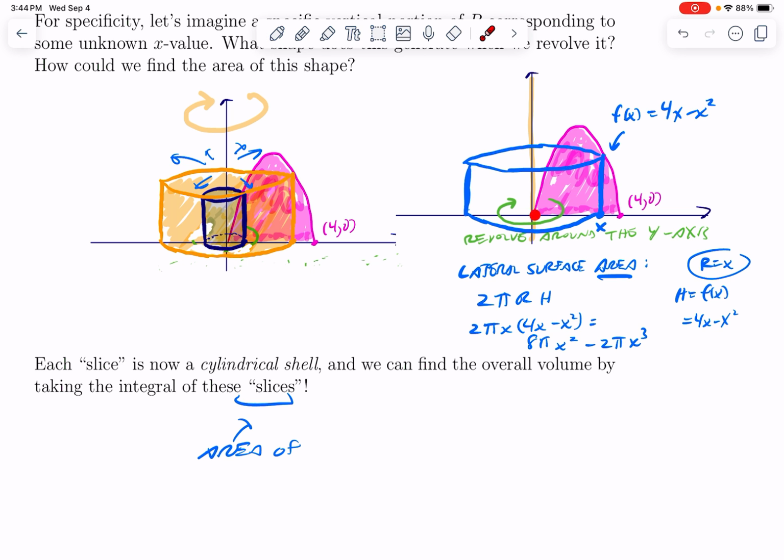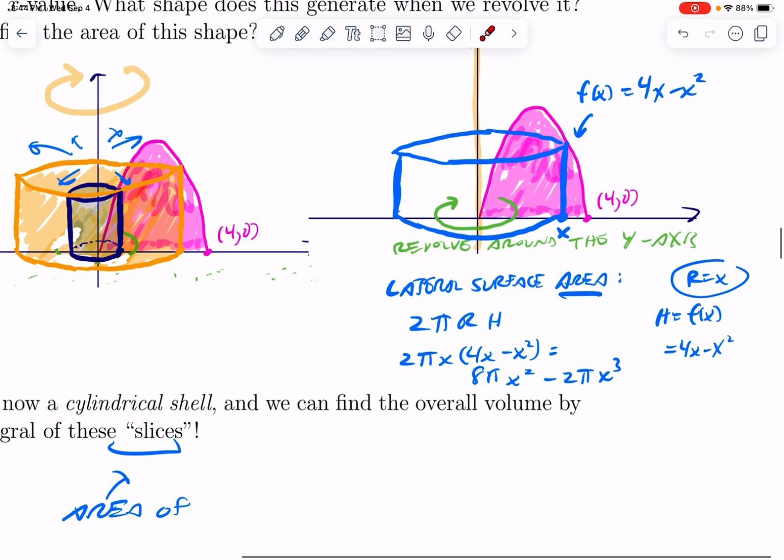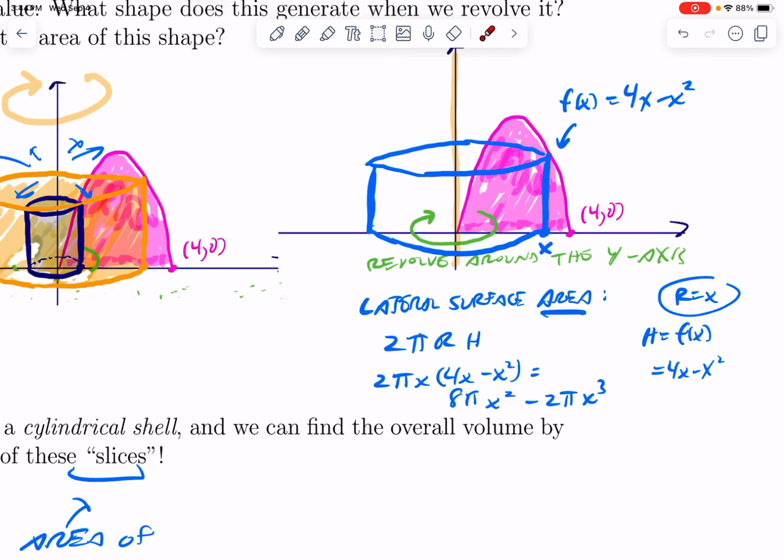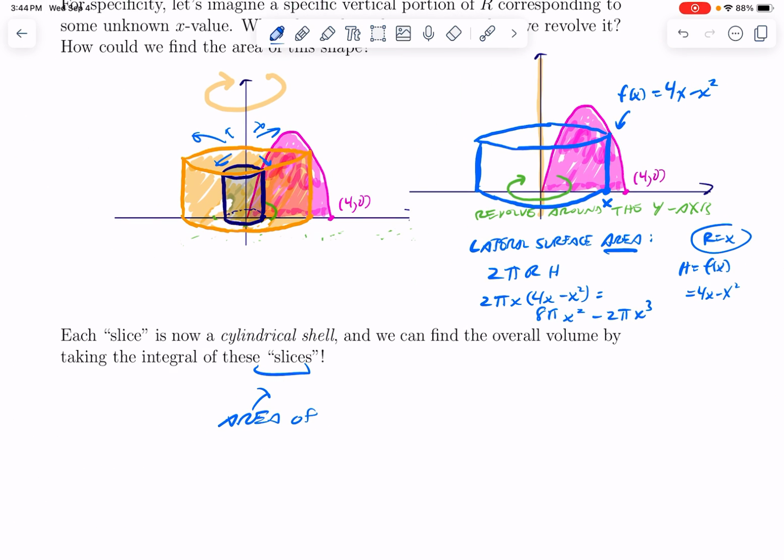The very inside is when x is equal to 0. It begins right here with basically a radius of 0, a little tiny cylinder right here. The biggest one would be if we spin this part around and we get a radius of 4. So our volume is going to be the definite integral from 0 to 4 of our cylindrical shell area.